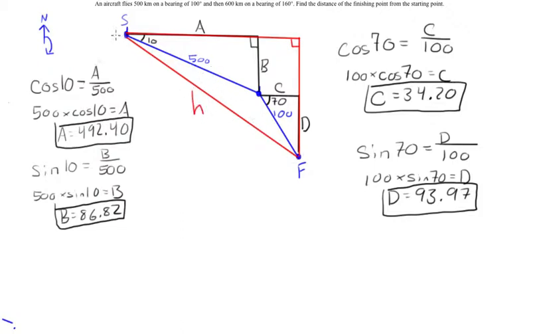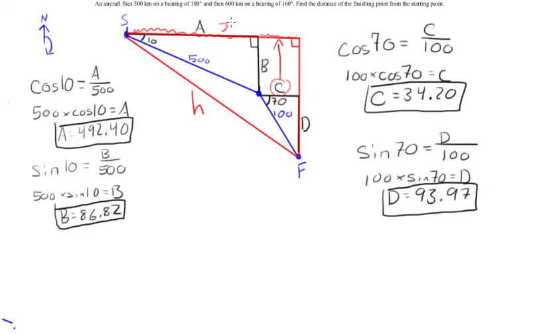This is what I'm trying to find, this distance from start to finish. This top side is made up of this distance here, so side A, plus this distance, side C. That gives me this whole distance along here.